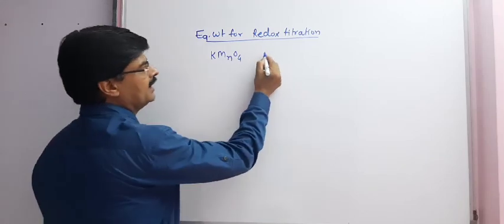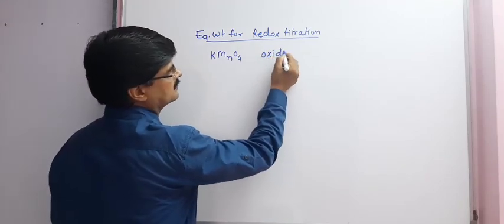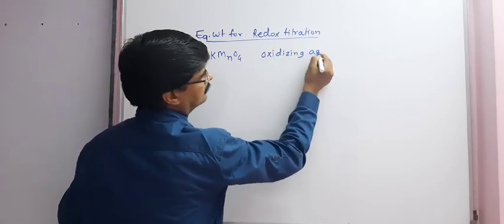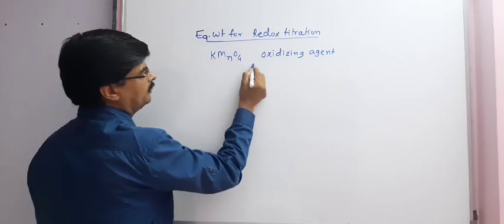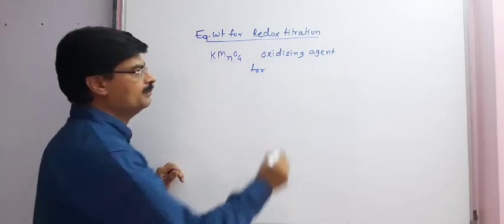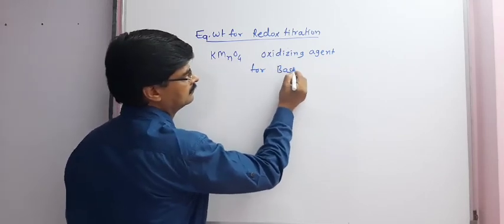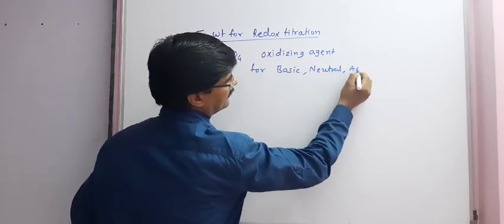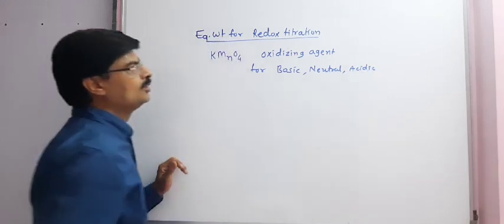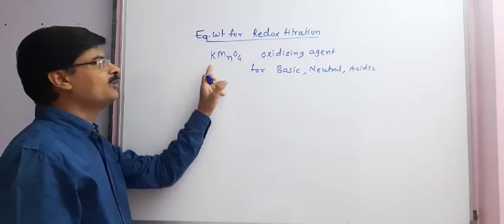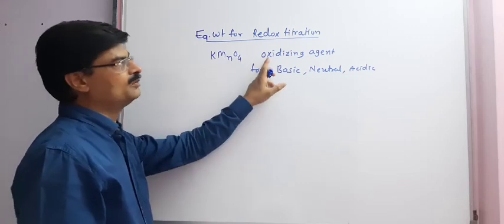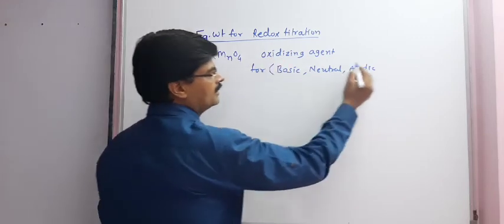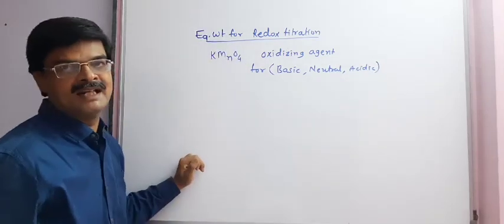KMnO4 works as an oxidizing agent in all three media: basic medium, neutral medium, as well as acidic medium. So how can we find out equivalent weight of KMnO4 when it behaves as an oxidizing agent in all these three media, basic, neutral and acidic?